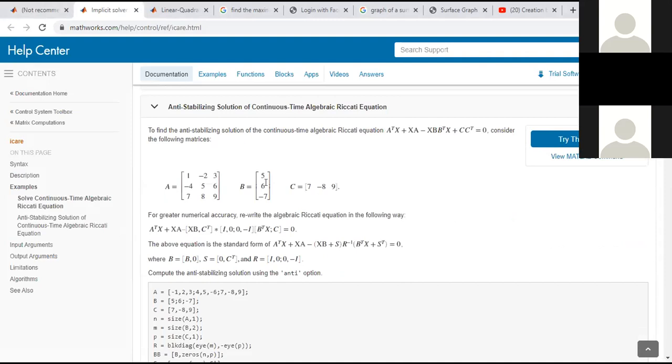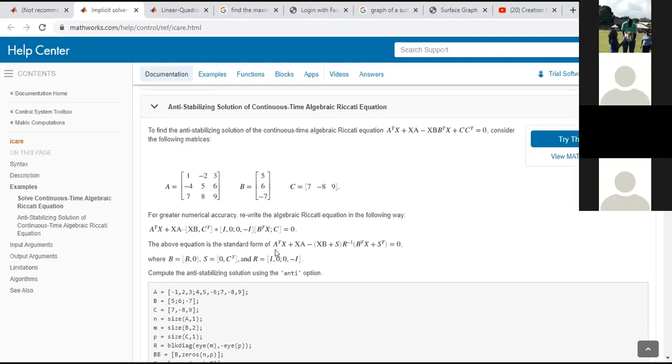So this is the matrix that we want to enter, A, B, and C. Then we enter them, and then we use the care function, and we see what icare is supposed to do.